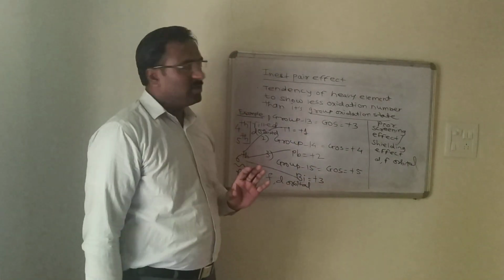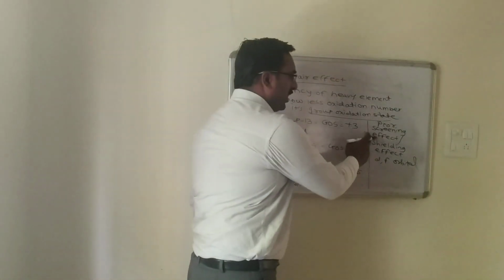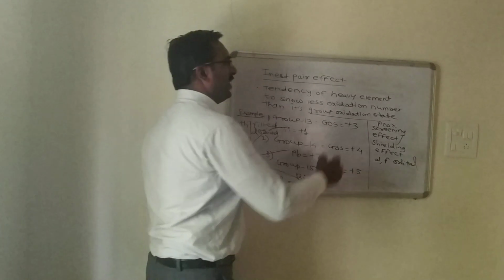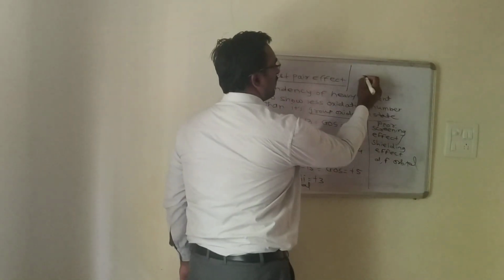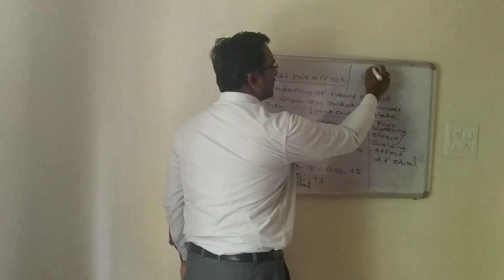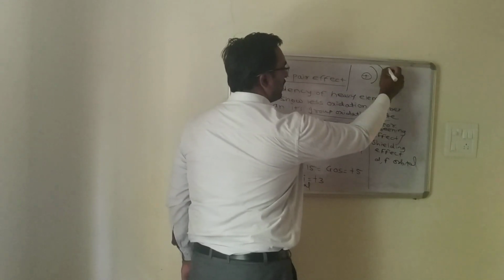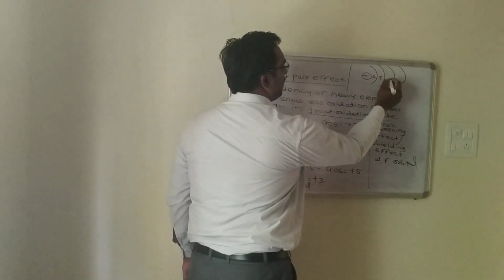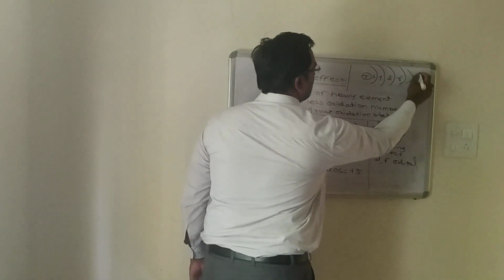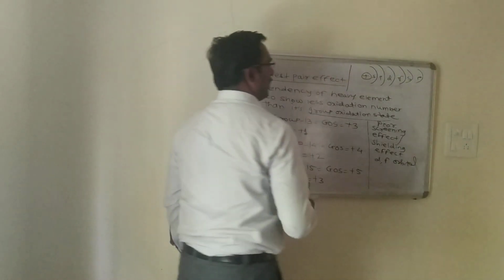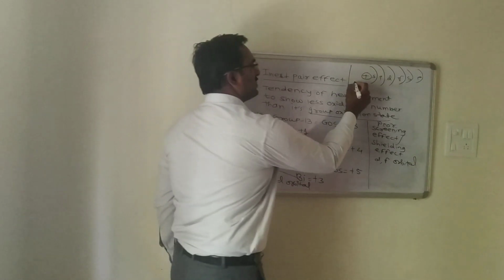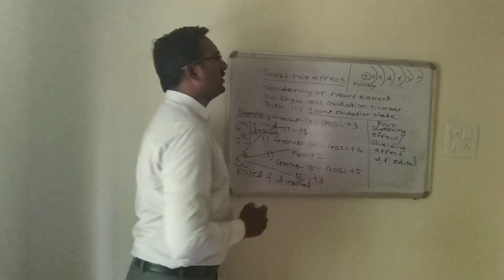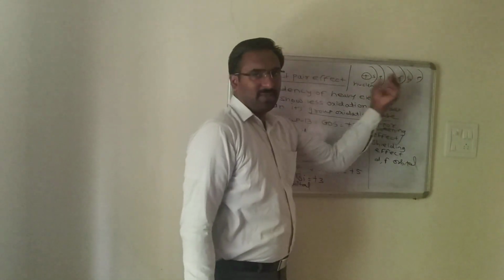That we call the inert pair effect. So what is this screening effect or shielding effect? We have already studied it previously. Let us revise. Suppose we have a nucleus which is positively charged, and electrons in various orbitals, s, p, d, f, again s and p, revolving around the nucleus.